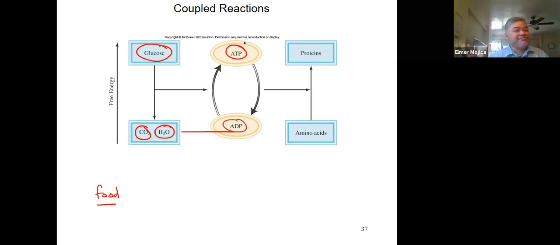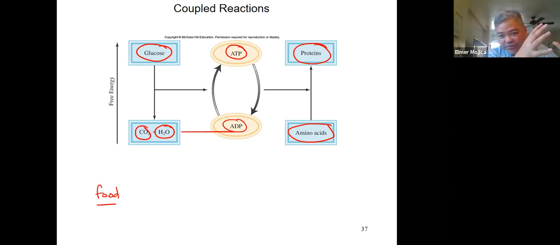Now you have the ATP, you have energy to proceed with this process. Now remember, it's usually a spontaneous process if it's from more ordered to more disordered. But for amino acids to synthesize into protein, that is a non-spontaneous process because you have small amino acids to produce a big protein.